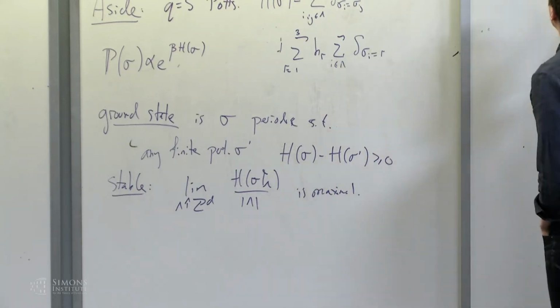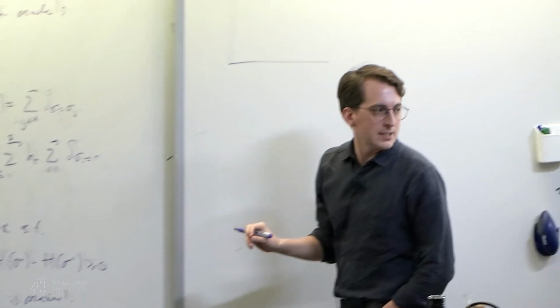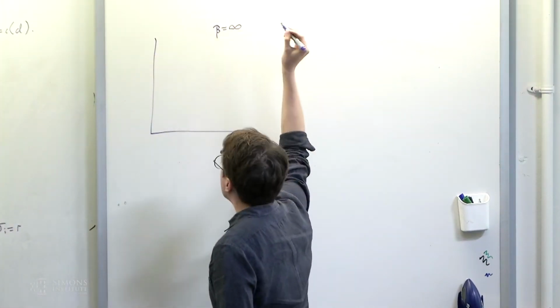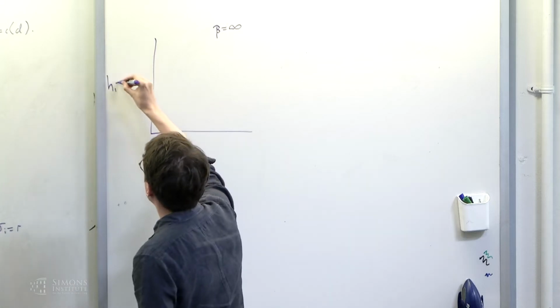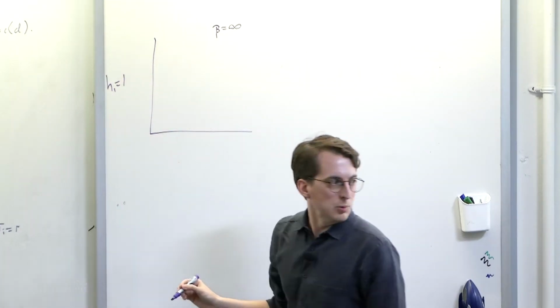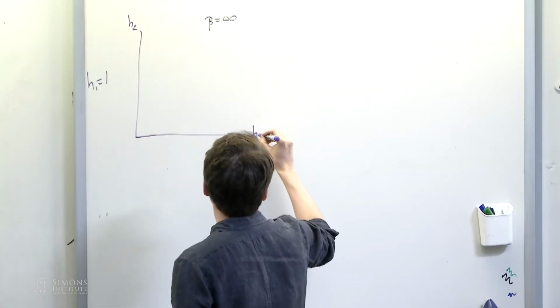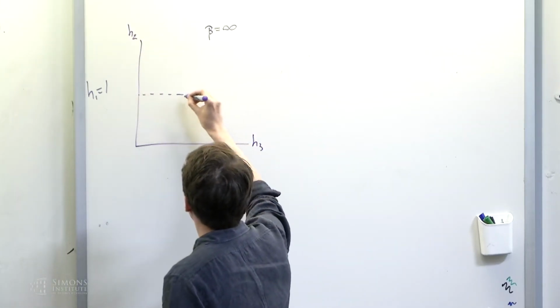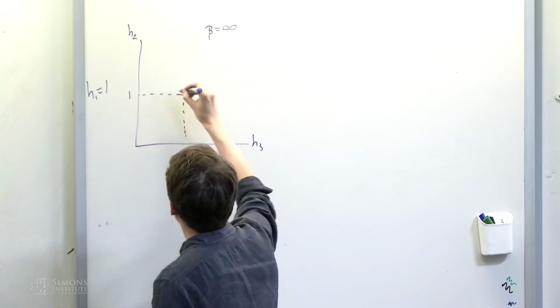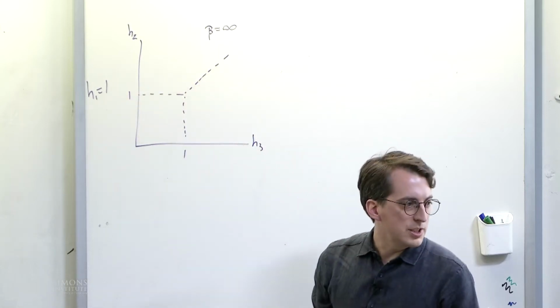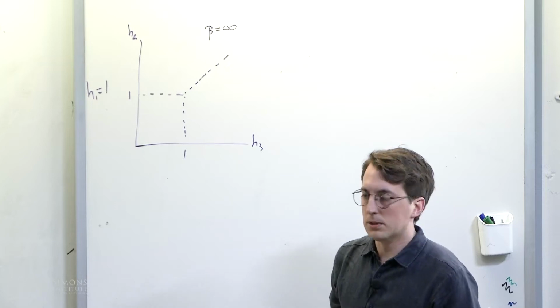So we usually organize that information into a phase diagram. So this is at 0 temperature, so beta equals infinity. Just by normalizing, I can choose h1 to be 1. This is the h2 axis. This is h3. So now I'm just going to label these regions by which ground states are stable.